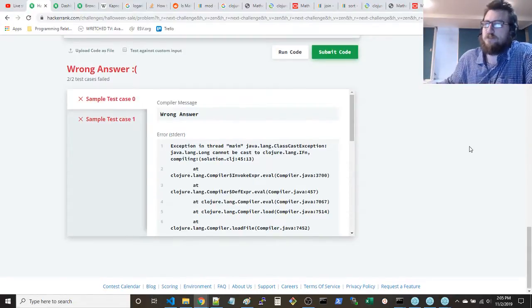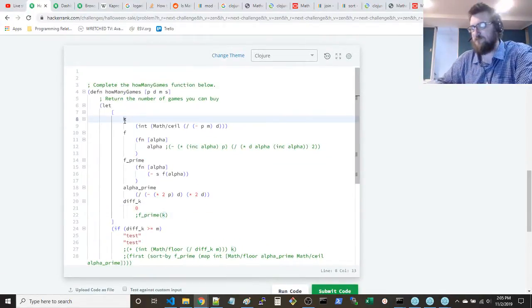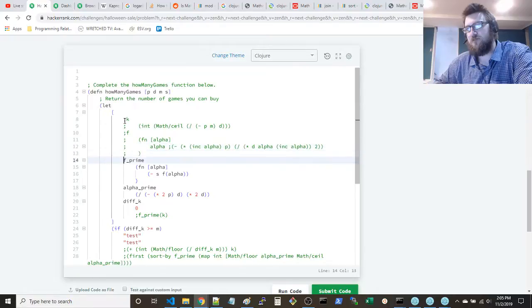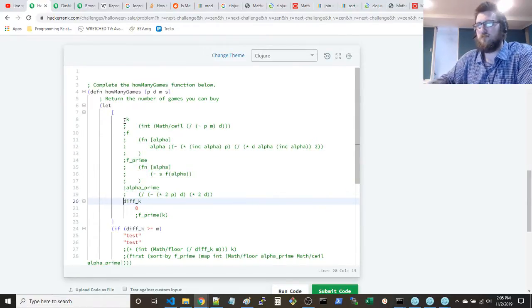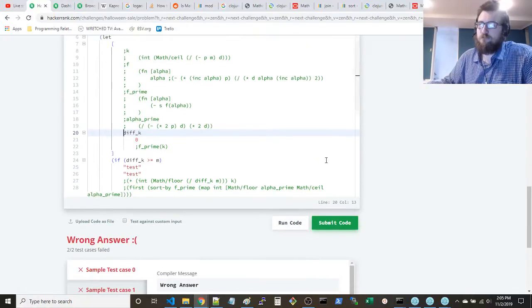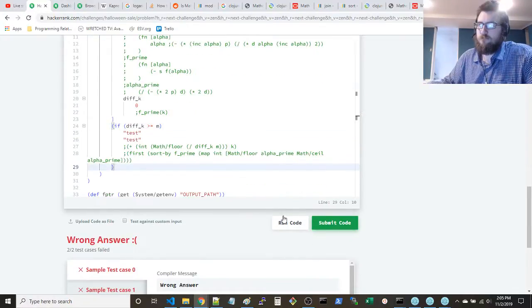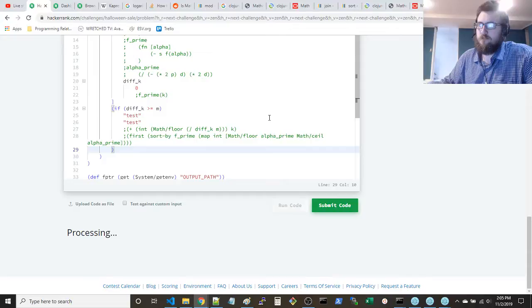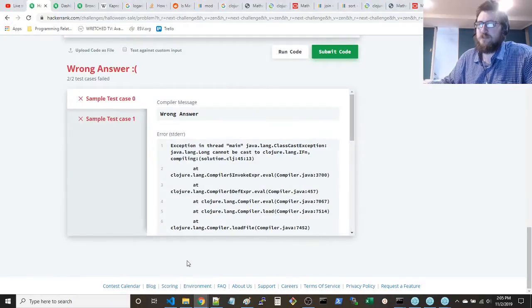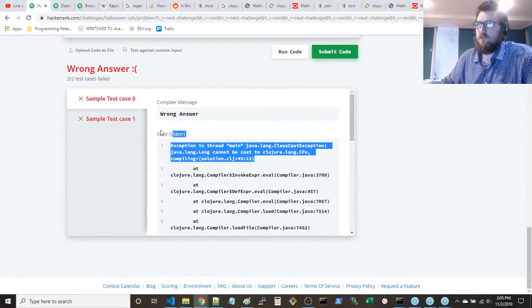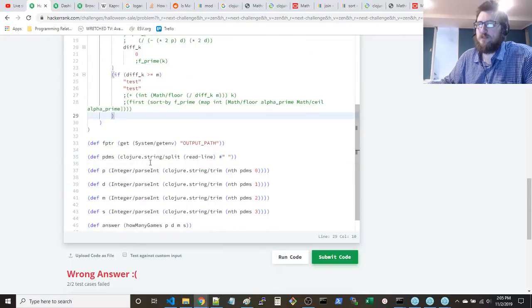Oh my goodness, this is driving me crazy. It's all just syntax errors. Where is this happening? What is going on?